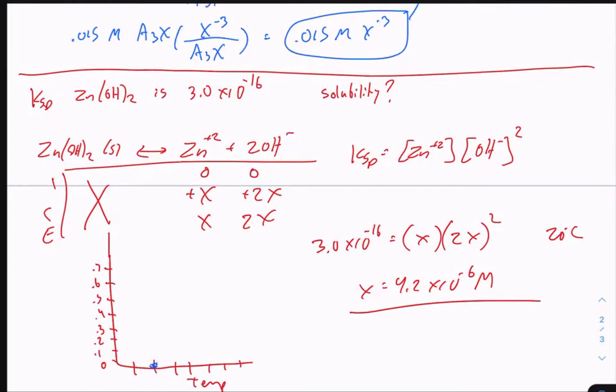So the truth is, everything can dissolve to some degree, but some far, far less than others. If we're calling something insoluble, that means the solubility is tiny, whereas with sodium nitrate, I can make a 3 molar solution. It's really soluble. Sodium chloride is really soluble. So those solubility rules that we went over are an overgeneralization to make things simpler. But when it comes down to it, when we need to find actual concentrations, we use equilibrium.